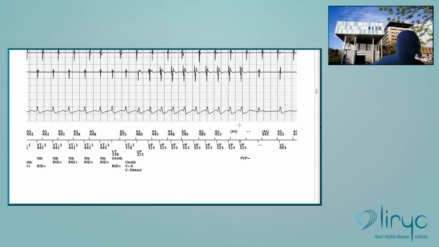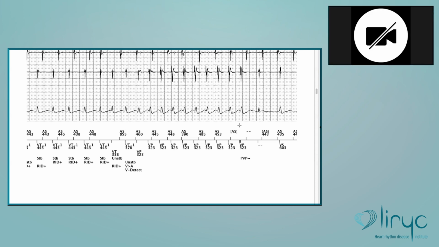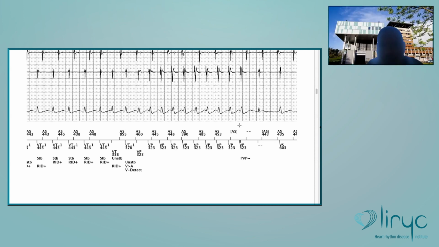So the message here is that with V faster than A, you will correctly discriminate most of the VT, but there is something very important. You need to program it only if the quality of the sensing at the level of the atrium is correct. If you have an atrial undersensing at one time, every episode will be considered as VT.